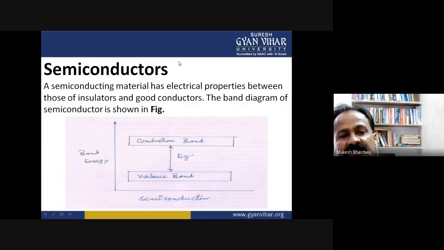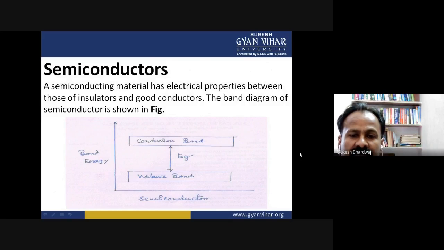So a semiconductor is an element lying between the insulator and the conductor, and the properties that lie in the middle of those two play an important role in semiconductors. So a semiconducting material has electrical properties between those of insulators and good conductors. The band diagram of a semiconductor is shown.